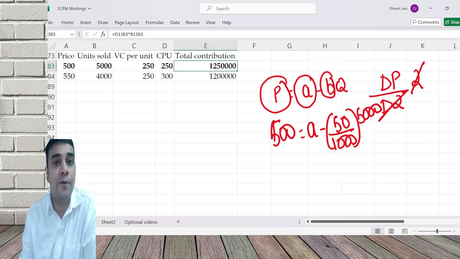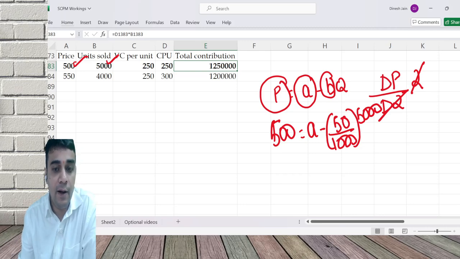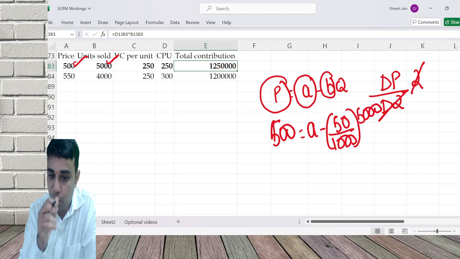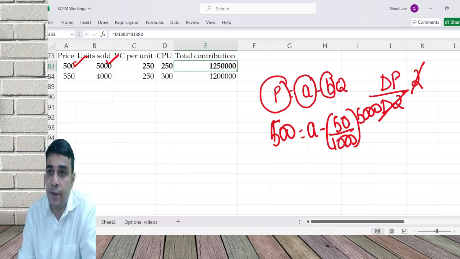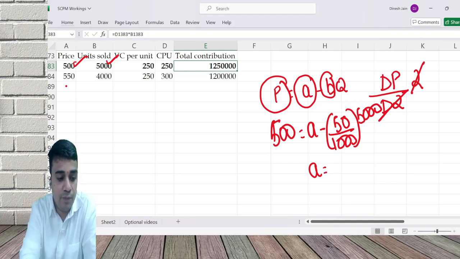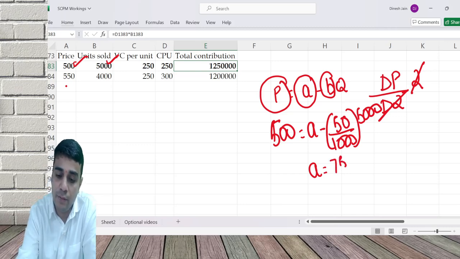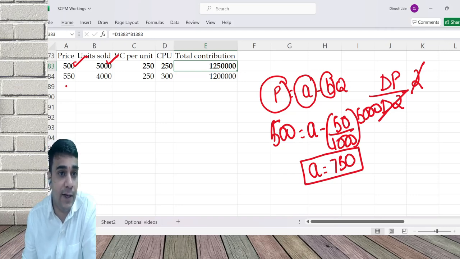Can you solve this and tell me what will be A? 500 is equal to A minus 50 by 1000 into 5000. A is equal to 750. 750 is the price at which you can sell 0 units.